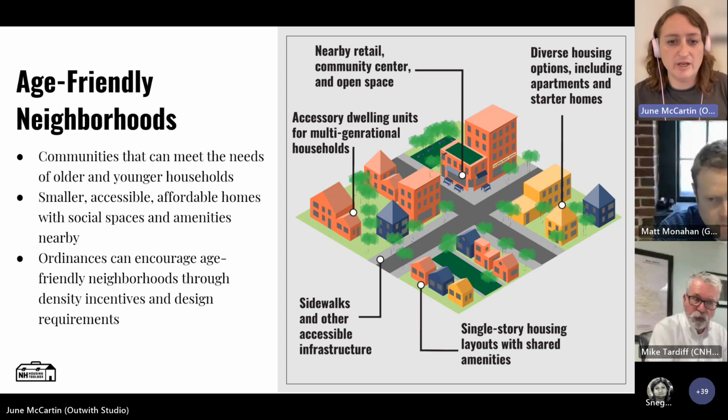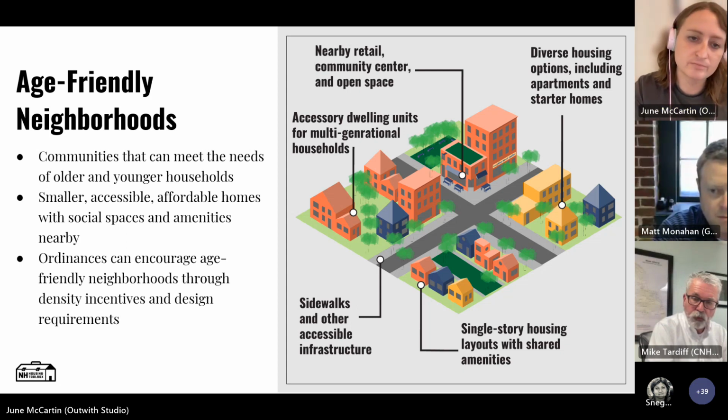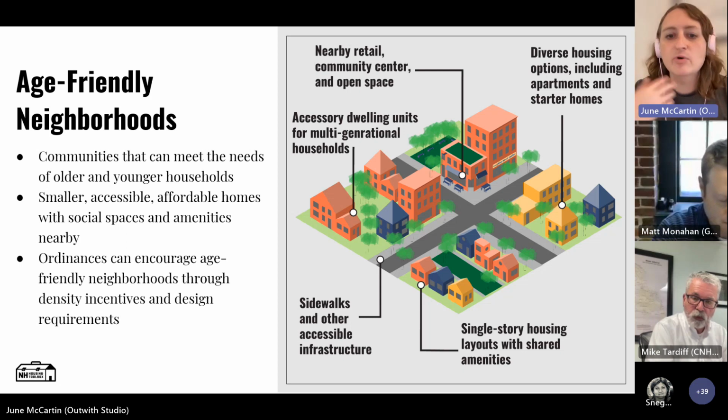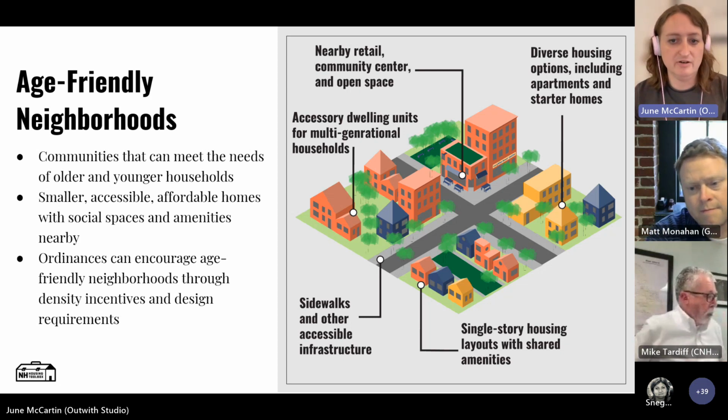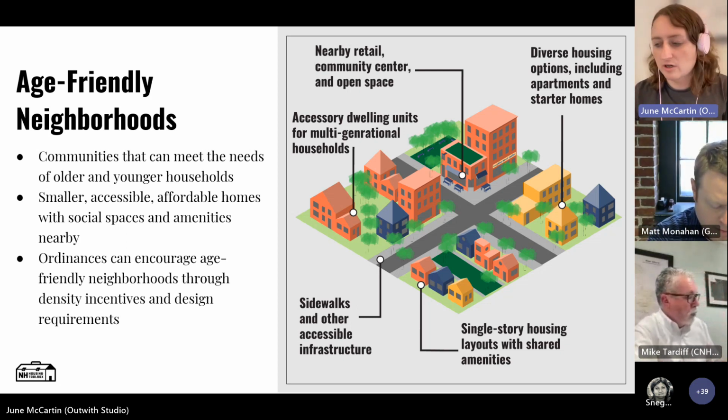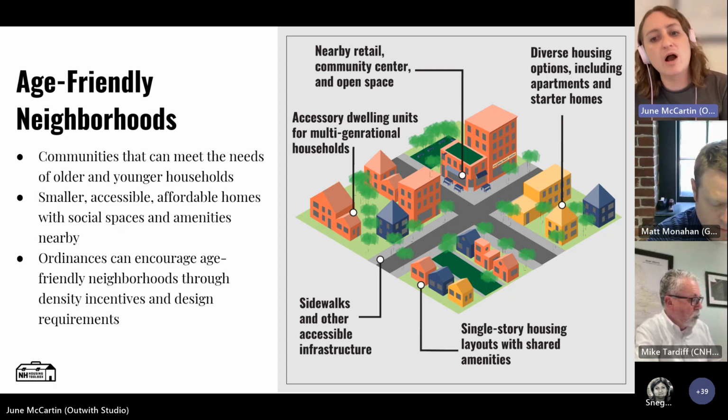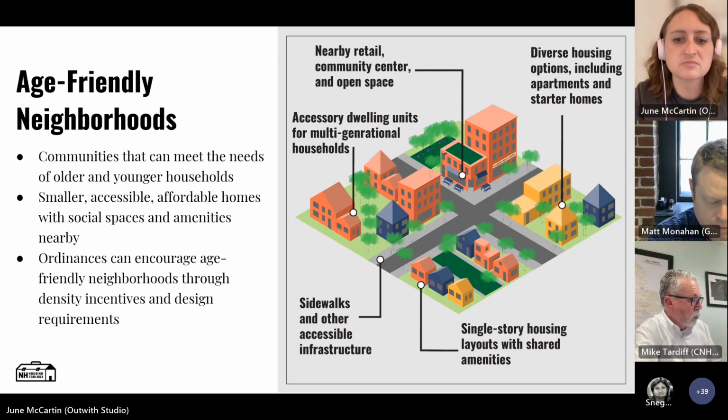And there's been a couple cases of those in New Hampshire, either targeting age-friendly communities broadly or specifically older adults. So in some ways, I'd say it's a framing device for some of the ideas that come up elsewhere, things like mixed use or things like compact development, et cetera. It's a way to put a finer point on why this is important.